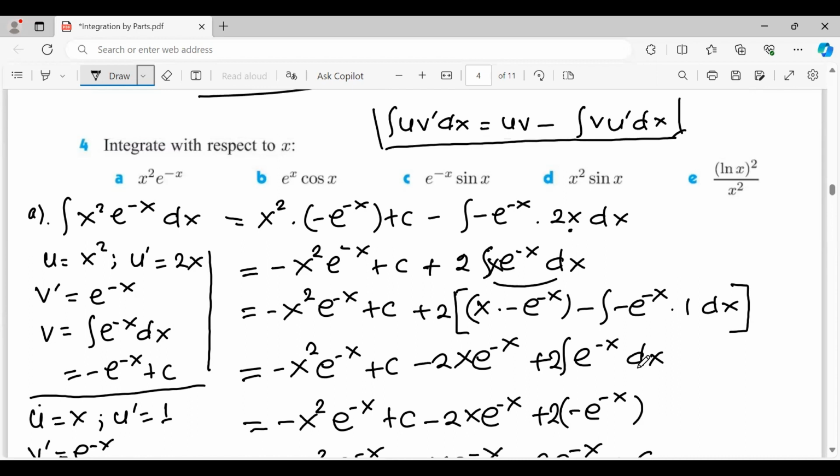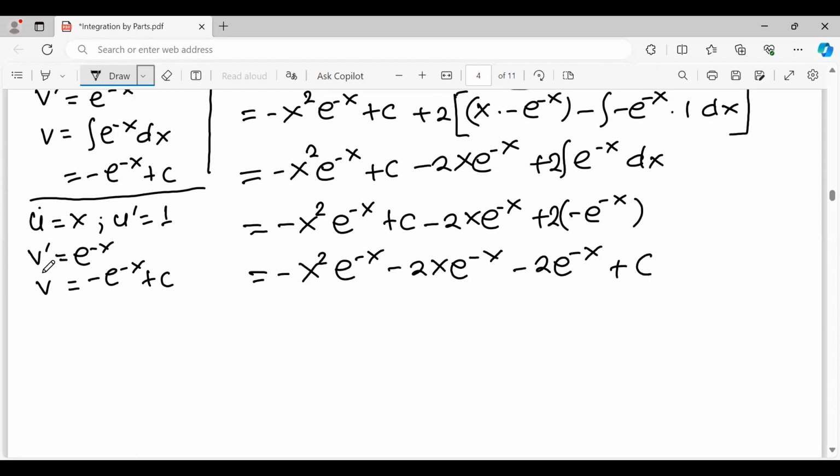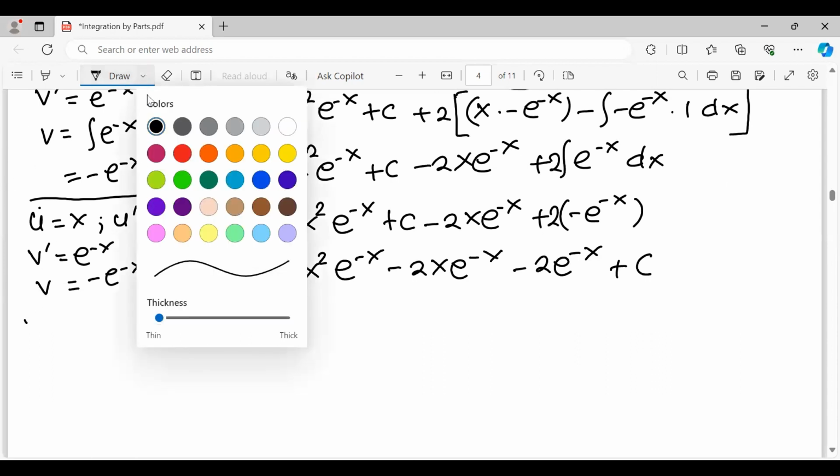B, the integral of e power x cosine x dx. I would like to use another color.